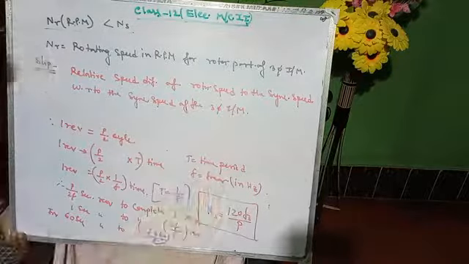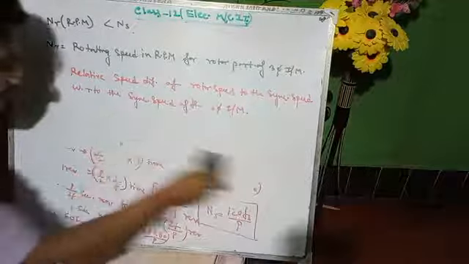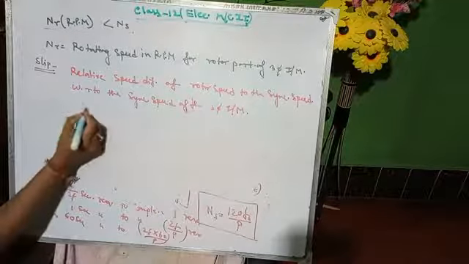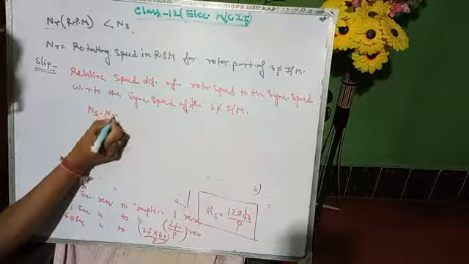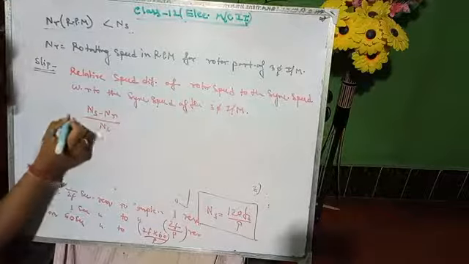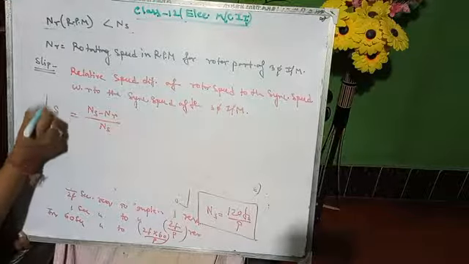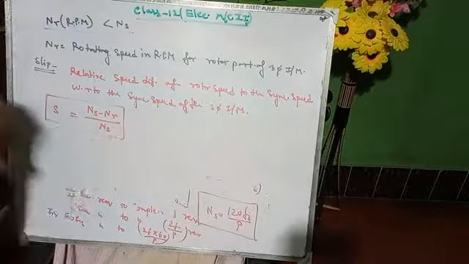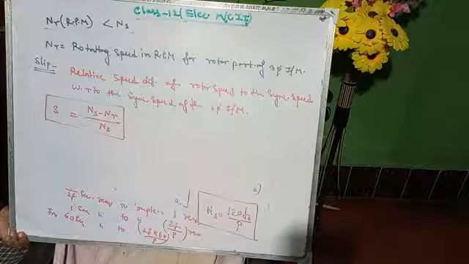So this is the concept of slip. That means the difference Ns minus Nr, divided by Ns, with respect to synchronous speed, equals slip S. So S equals (Ns minus Nr) by Ns.